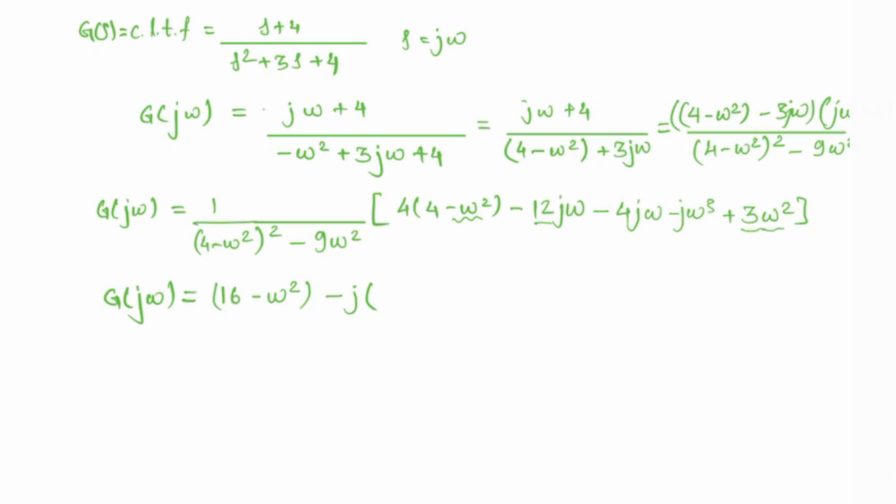Sorry, will it be? Let's see. We have, yeah, plus, correct. So j in bracket 12 and 4 would be 16 omega minus 1 omega cube.